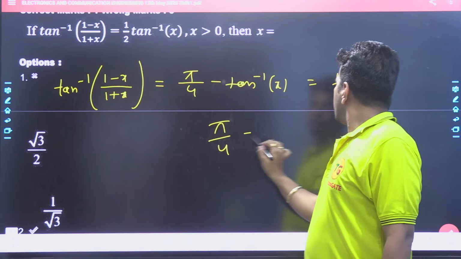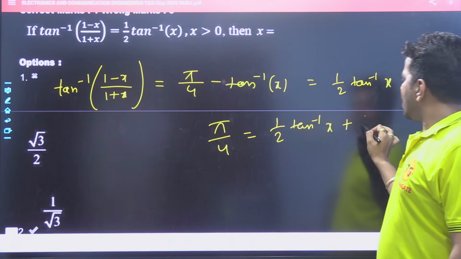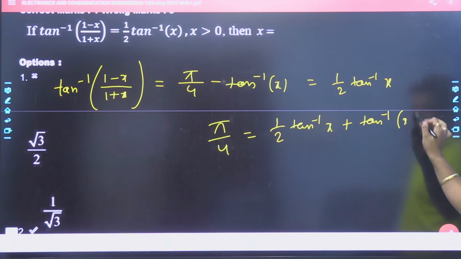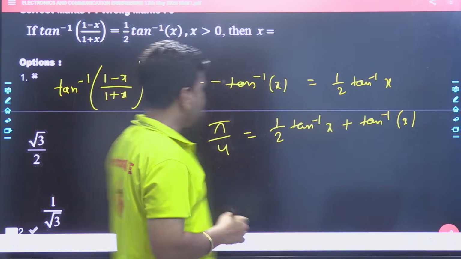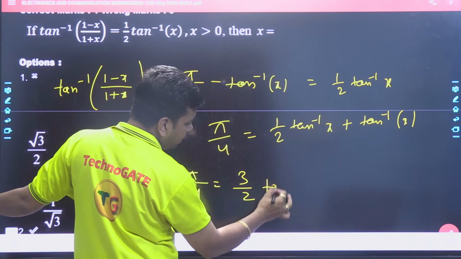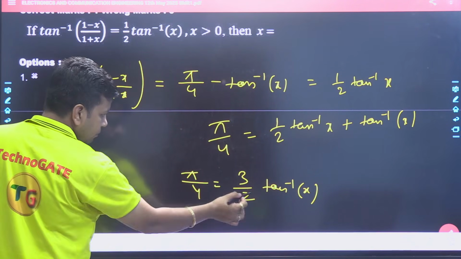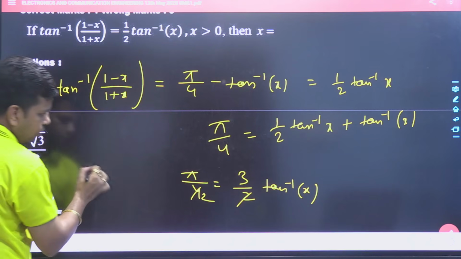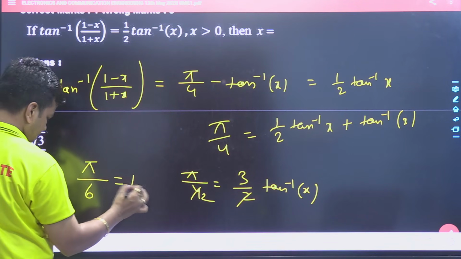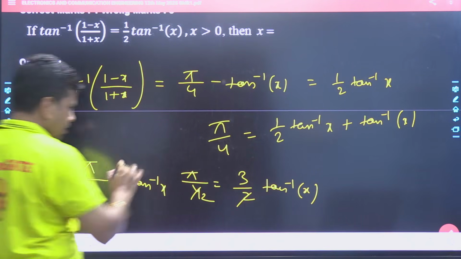Just set this equal to that. So pi by 4 equals 1 by 2 tan inverse x plus tan inverse x. So this becomes 3 by 2 tan inverse x. So pi by 4 equals 3 by 2 tan inverse x. This is 2. So this becomes pi by 6. Tan inverse x equals pi by 6.